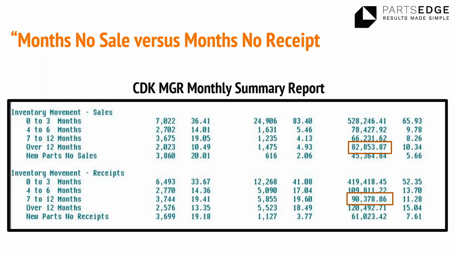I gave an example here in the over 12 months and the 7 to 12 months, looking at these two categories. The top section is exactly like the slide I showed with the month's no sale and month's no receipt individually. CDK has them right underneath each other so that you can do comparisons on these critical areas of your inventory.